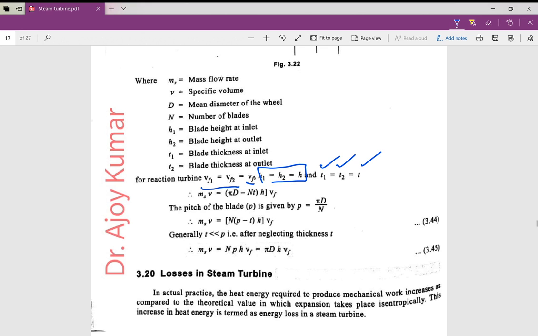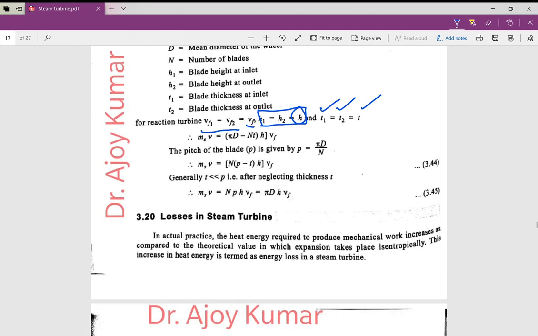Considering H1 equal to H2, the average value let us say H, the height of the blade. So we can write m into v, that is the flow rate, equal to pi d minus n t into H, and then the velocity of flow.